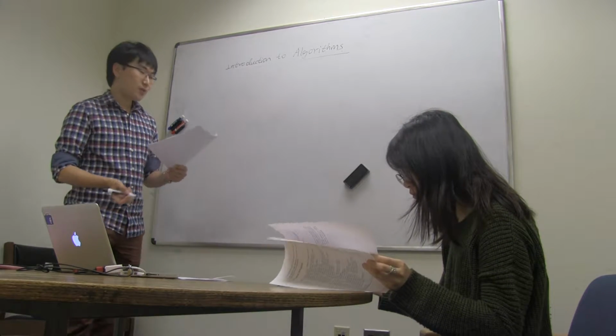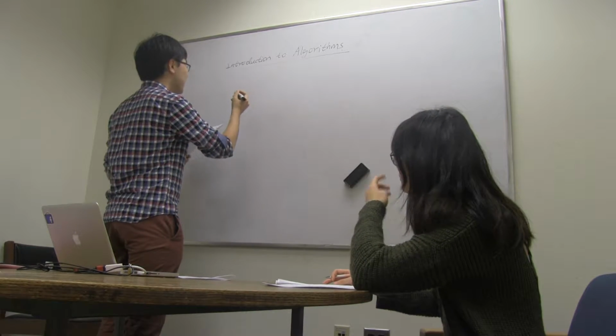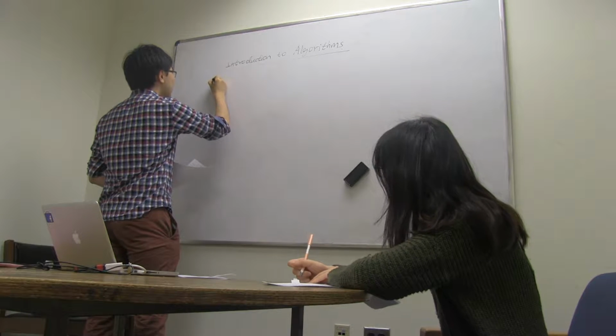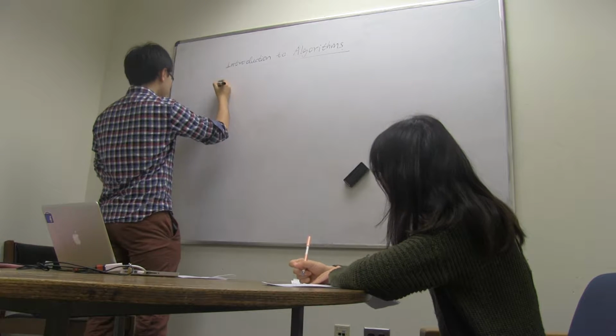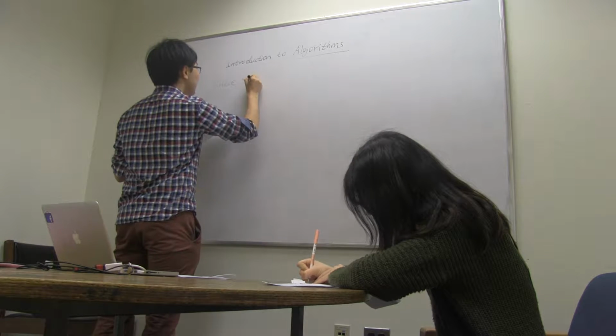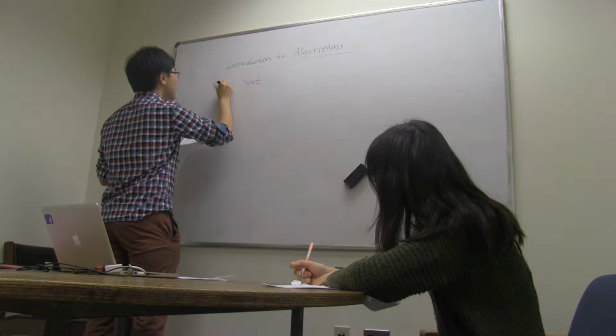Cool. So first of all, let me write some names of the algorithms. The first one we covered in this topic is bubble sort. This marker is not good enough, but yeah, bubble sort.